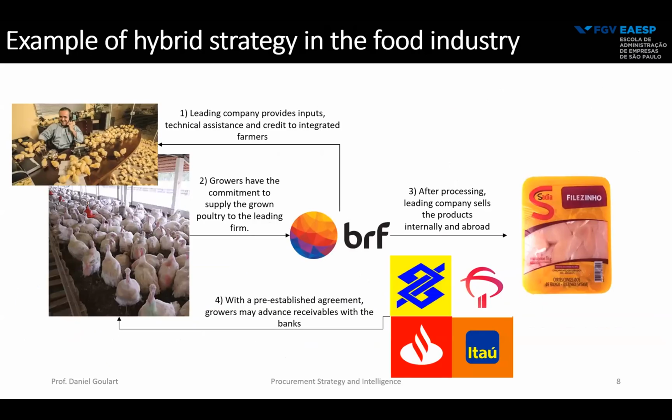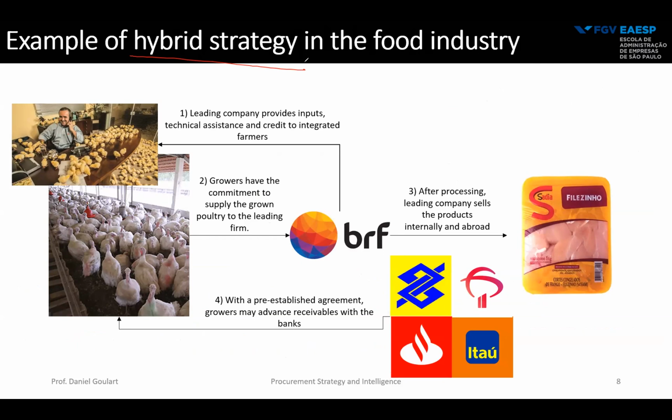Here, an example of hybrid strategy. If you notice that spectrum between making or buying that I explained to you, let me put this on the whiteboard here for a minute.